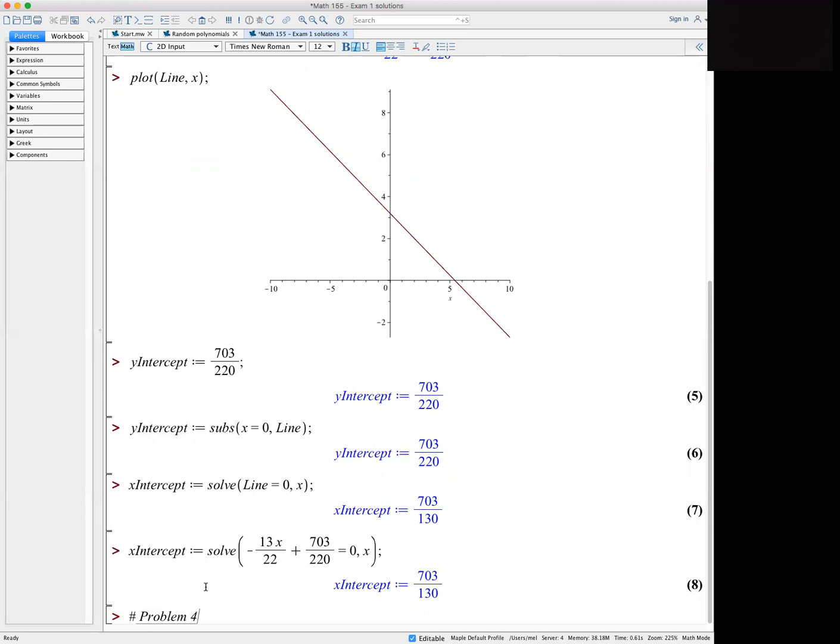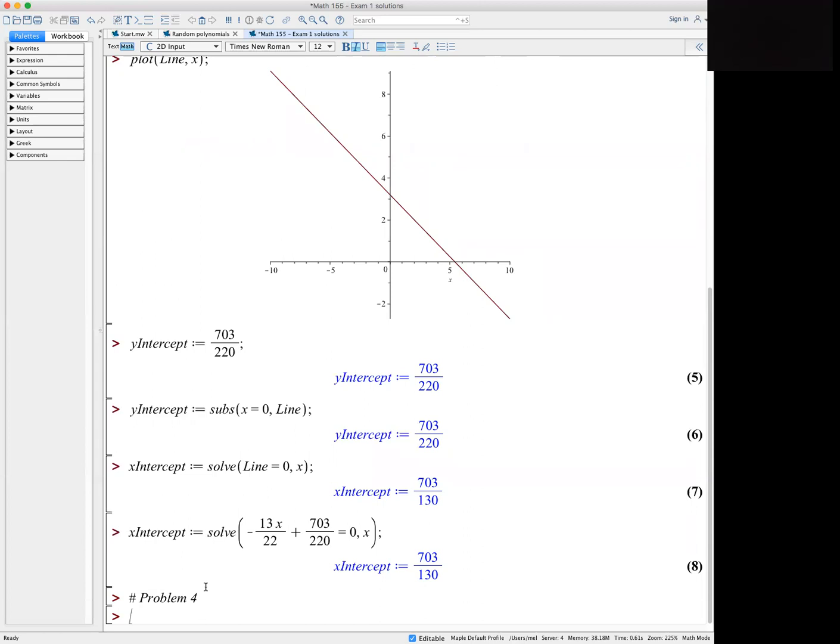Next comes problem 4. Find all solutions of a certain equation. So it's a complicated equation. We should use fsolve.